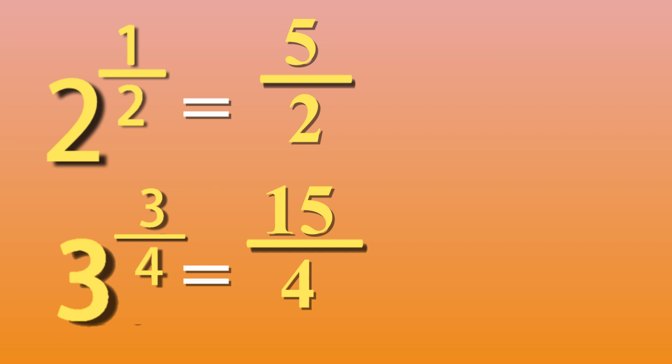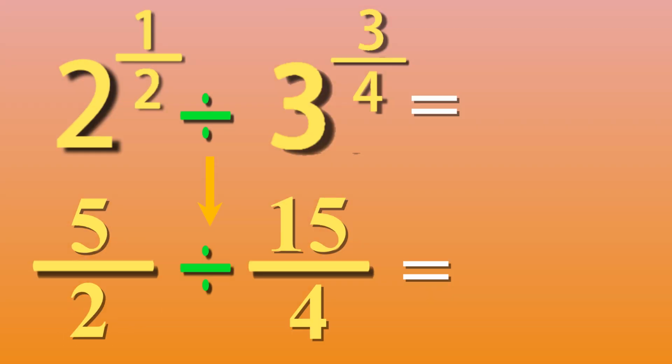So that means that 2 1/2 equals 5/2, and 3 3/4 equals 15/4. So 2 1/2 divided by 3 3/4 can be rewritten as 5/2 divided by 15/4, since 2 1/2 is the same as 5/2 and 3 3/4 is the same as 15/4.